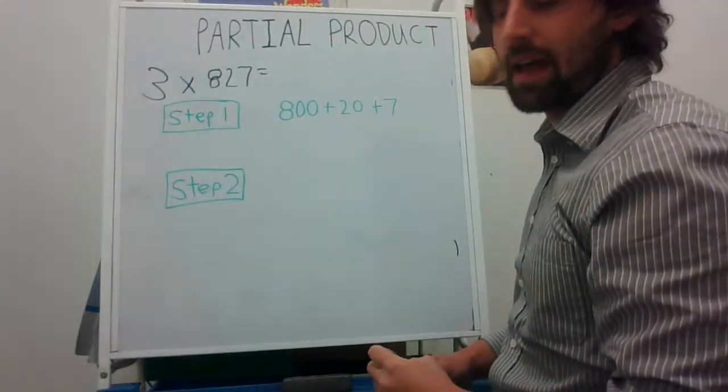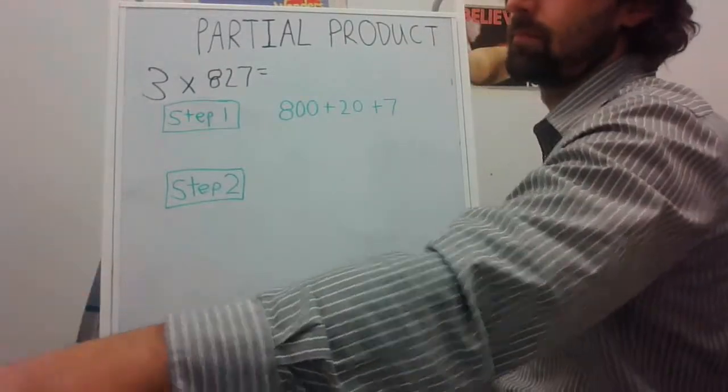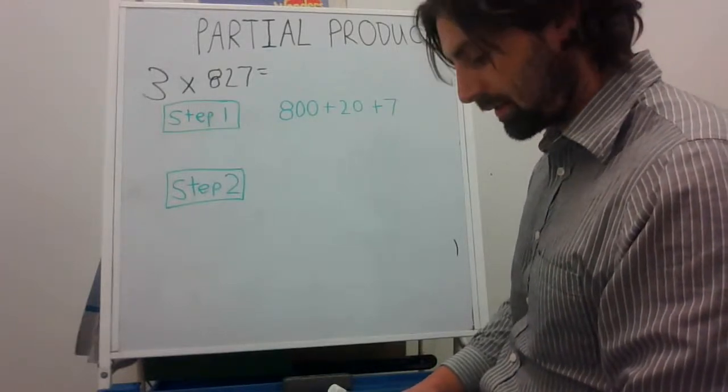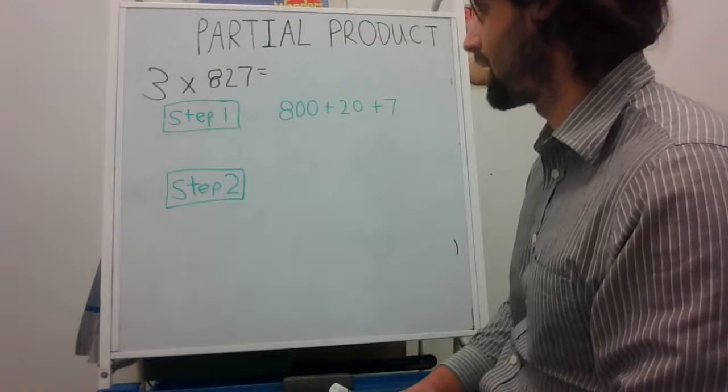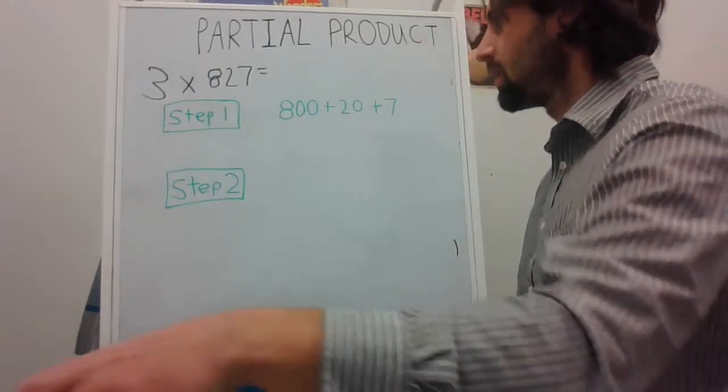All right, step 2 now. Step 2, we have to find the 3 different products. We got to find the product in the hundreds place, the tens place, and the ones place.